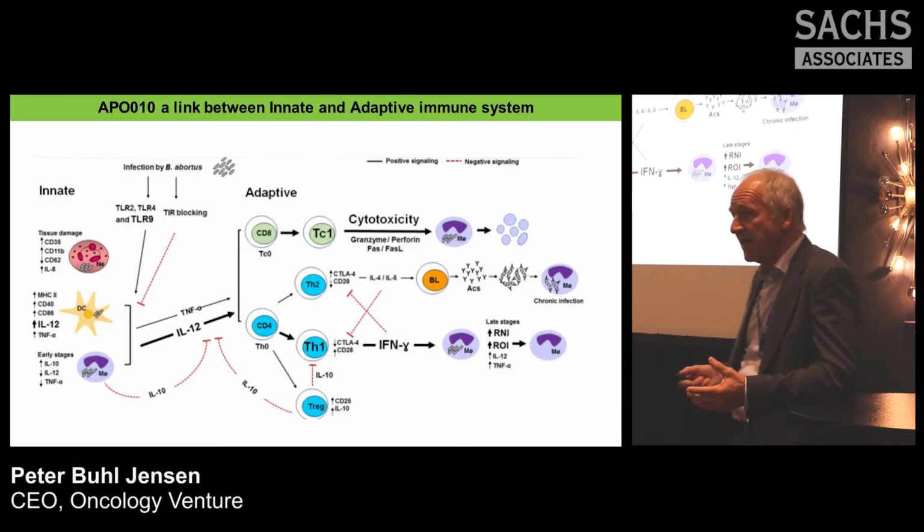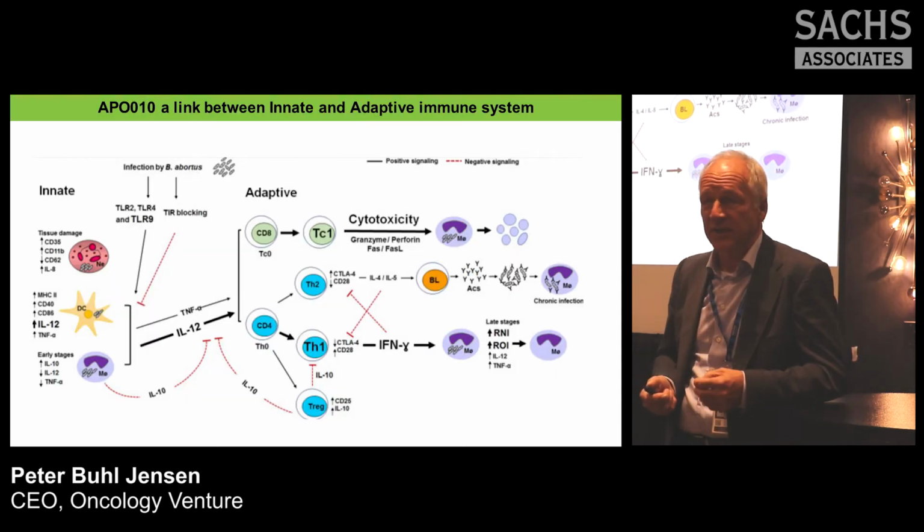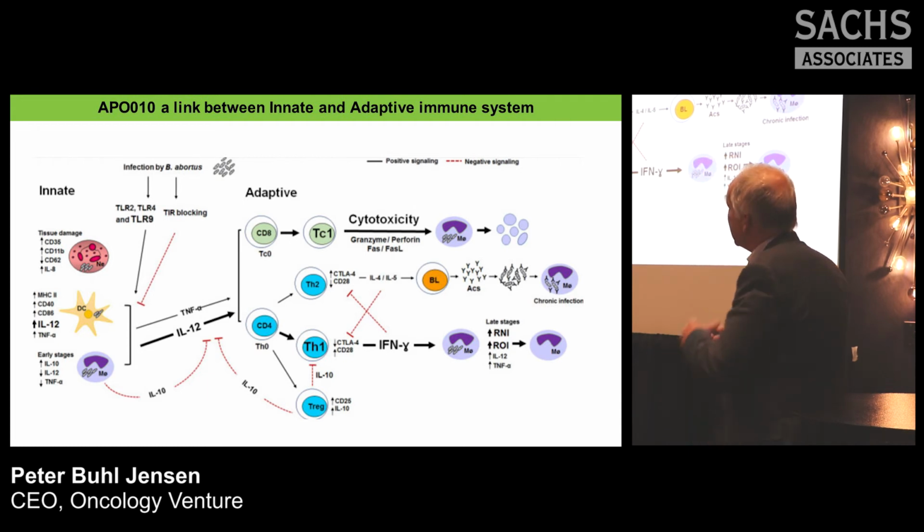We also think that Apo10, in addition to being directly cytotoxic, also has this translational link between the innate and the adaptive immune system. And we are here, moving to the adaptive system where the Fas system is available.